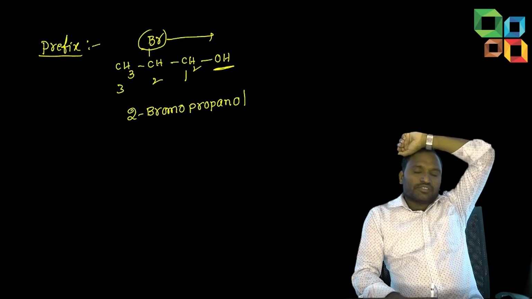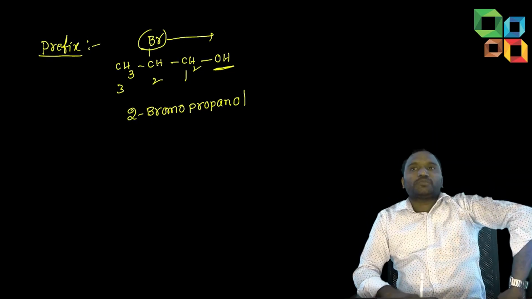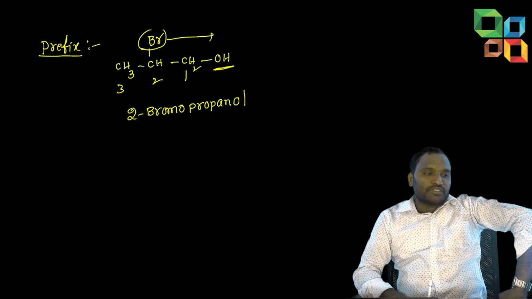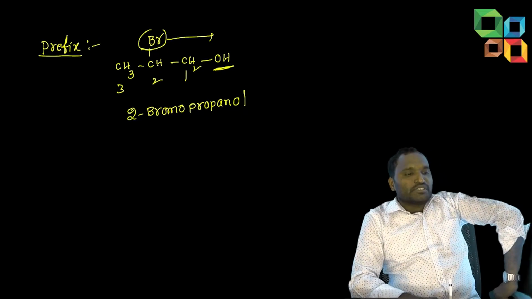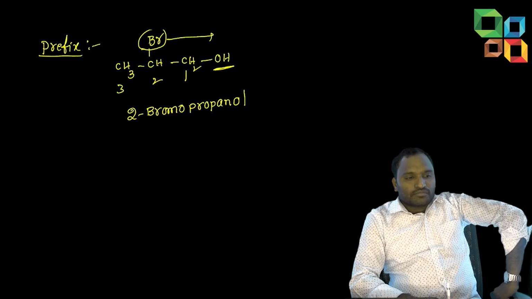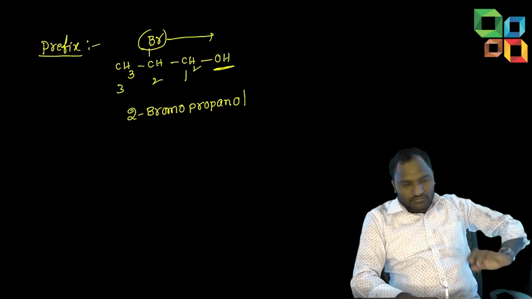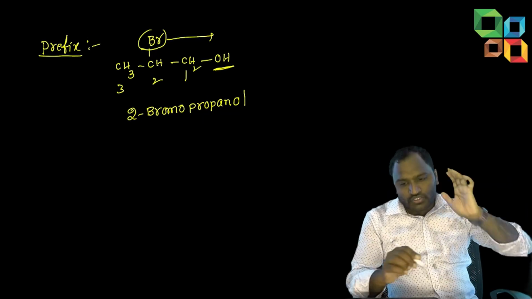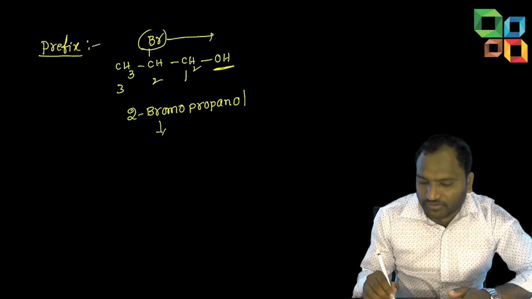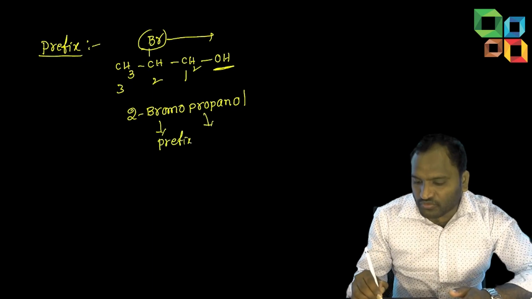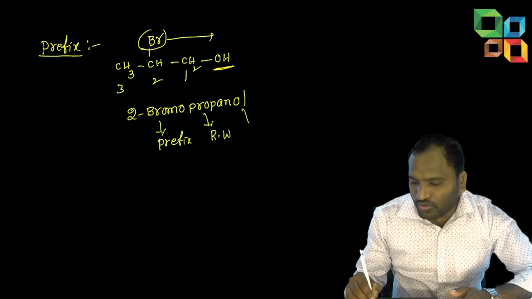Prefix means the substituents present in the chain. So here bromo is the prefix, prop is the root word, ol is the suffix.